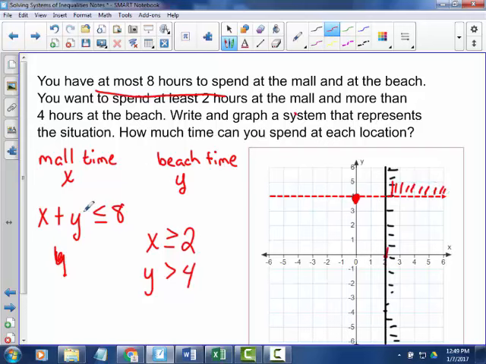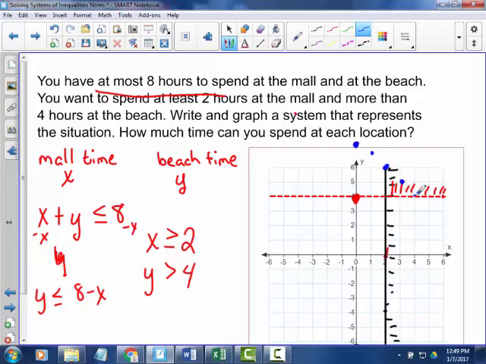Okay, and then X plus Y has to be less than or equal to 8. Okay, so we need to solve that for Y. So I will subtract my X from both sides, and I know that Y needs to be less than or equal to 8 minus X. So we begin at 8, which is slightly off my grid here. Okay, probably should change colors there. And then we will decrease 1 at a time, so we'd be at 0, 8, then 1, 7, which would put us at 2, 6.